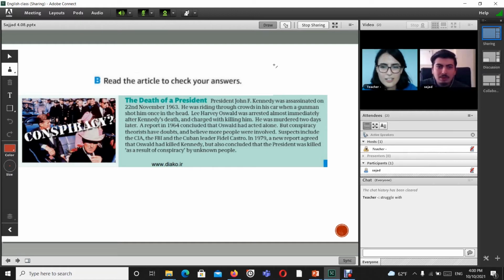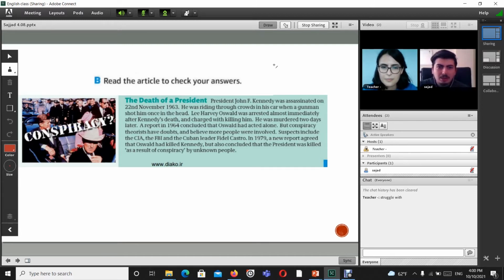He was murdered 2 days later. A report in 1964 concluded that Oswald had acted alone, but conspiracy theorists have doubts and believe more people were involved.